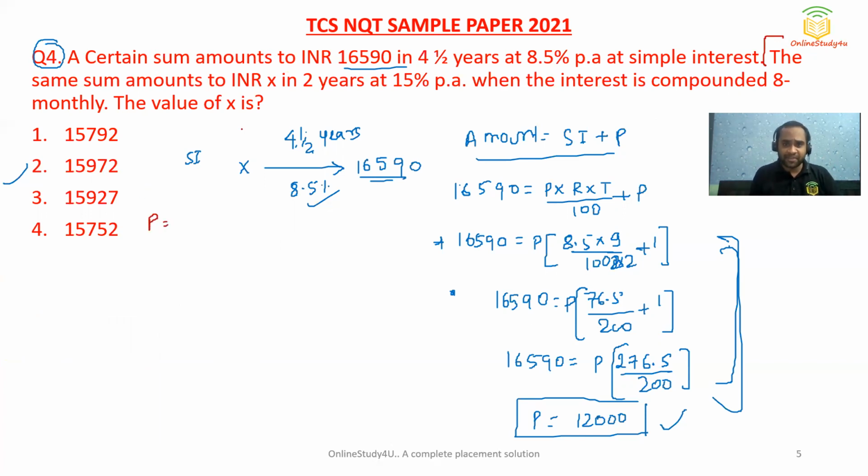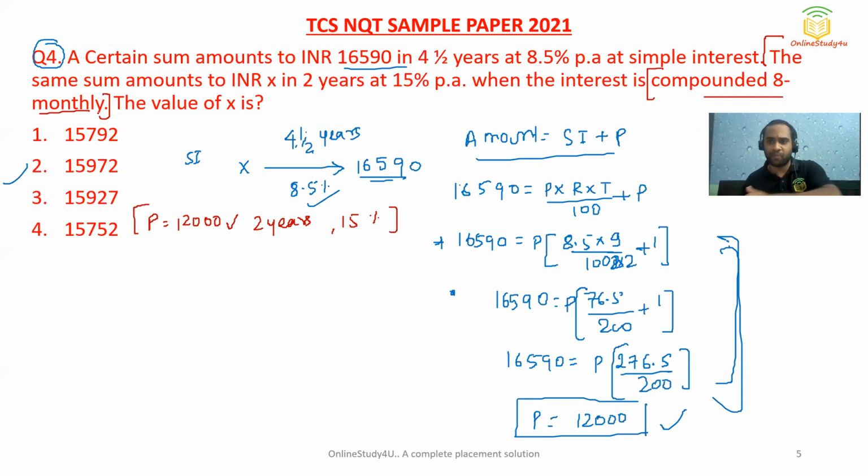Whatever money you are going to invest now, the same sum, if you invest it for 2 years at the rate of 15% per annum, when the interest is compounded 8 monthly, I am damn sure many of you will not know how to solve the problem when it is 8 months, 7 months, 6 months, 4 months. No problem. Principal you know, time you know, rate you know, you have to calculate the amount.